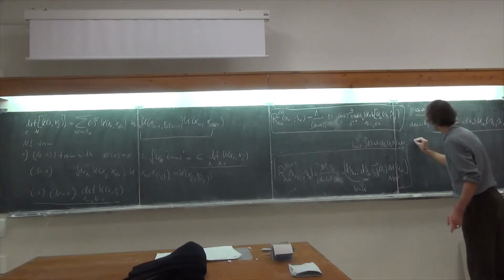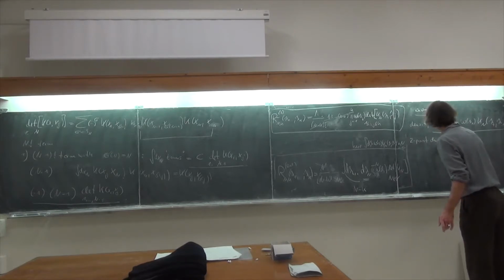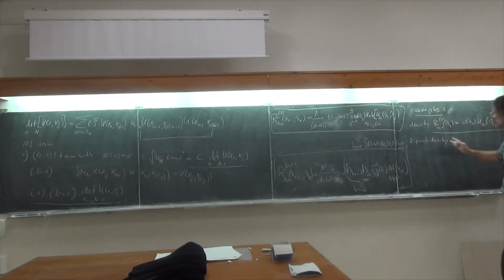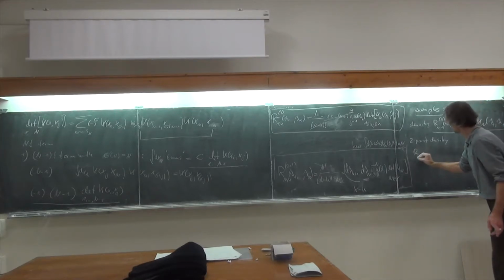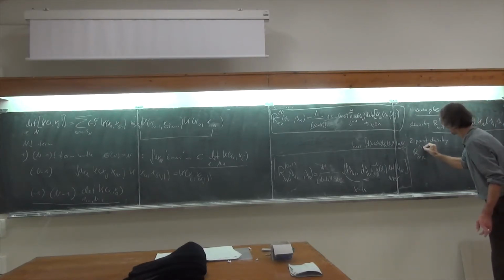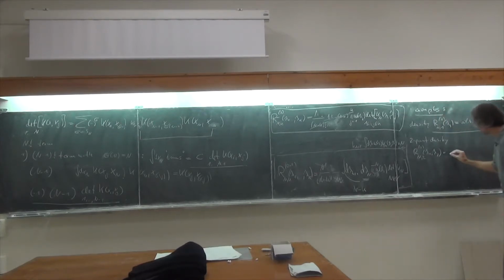Second example, two-point density. So this is just R_n with k equals 2, lambda 1, lambda 2. So weight function of first argument, weight function of second argument, and then we have the determinant.